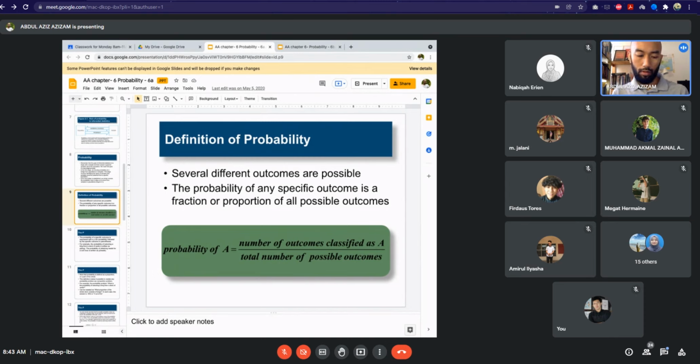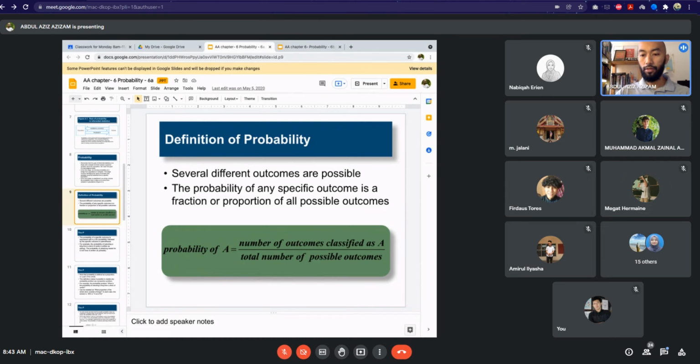Ada siapa record ni nanti dia ingat kalau orang duk tengok dia ingat saya mengajar orang play card pula nanti. Tak apa sir, Amirul biasa cuci sir.